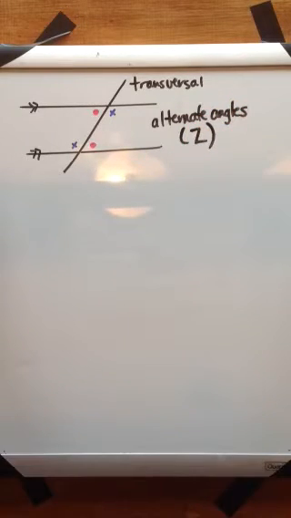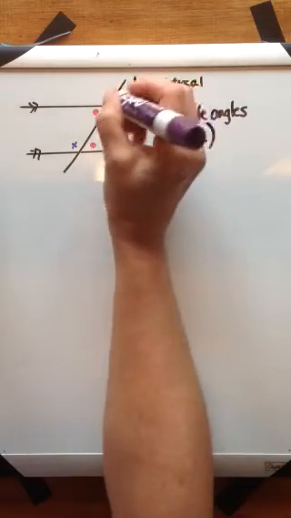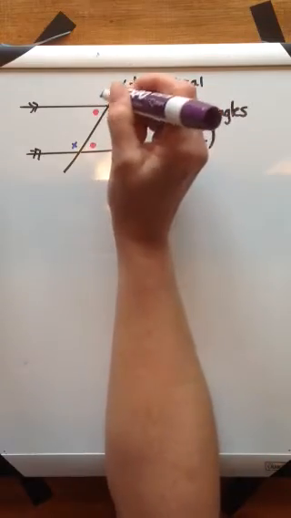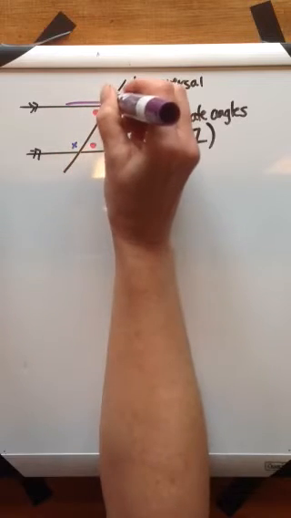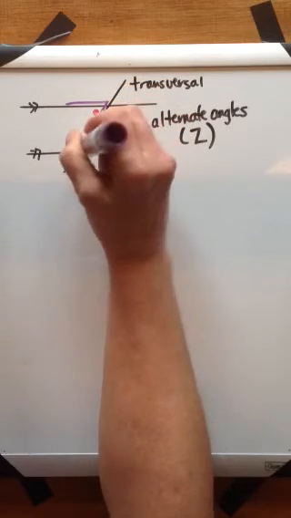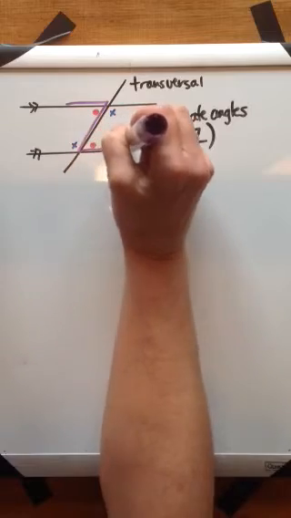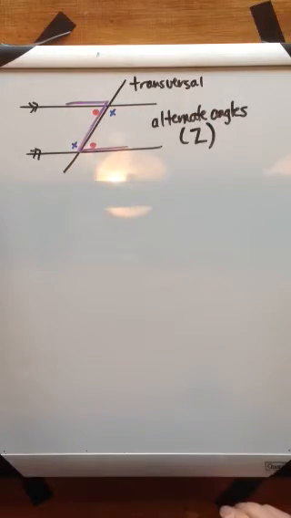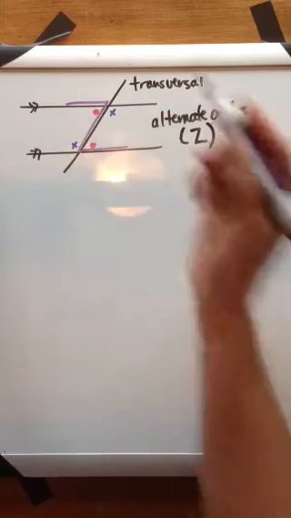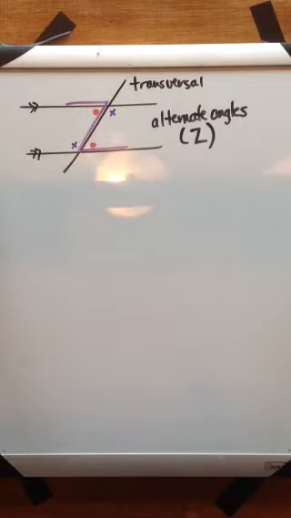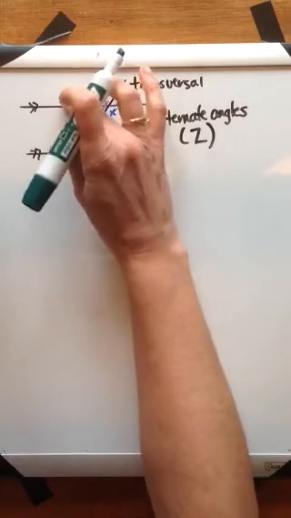And the reason that that acronym helps you to remember them is that if you create a letter Z such that you go along one of the parallel lines, down the transversal, and out the other side along the second parallel line, you see the letter Z, and you notice that those red dots are at the same position inside the letter Z. Now you're not limited to creating a Z in one direction only. You could also create it in the other direction.